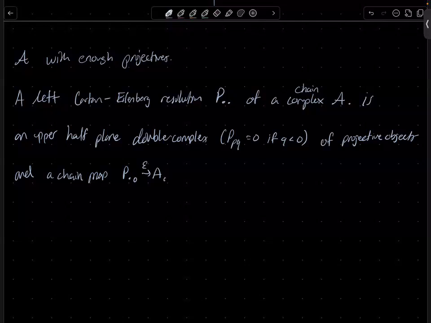So just like before, but now we have to adapt this for the complexes, such that for every P we have two things. One, the columns themselves. So you fix a P and you get a column. Columns are projective resolutions.